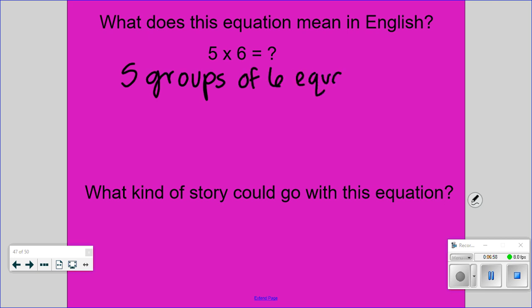Is equal to what, Bella? Question mark. Something. Equal to something. We don't know what that something is. We just know that it's equal to something.